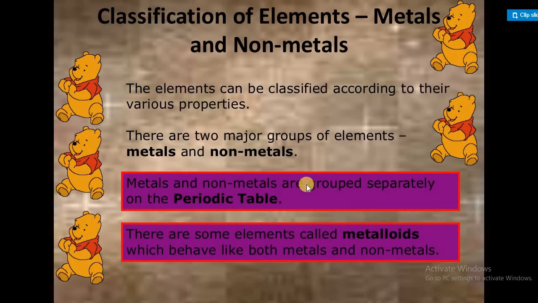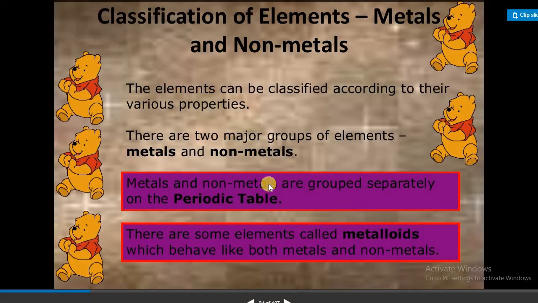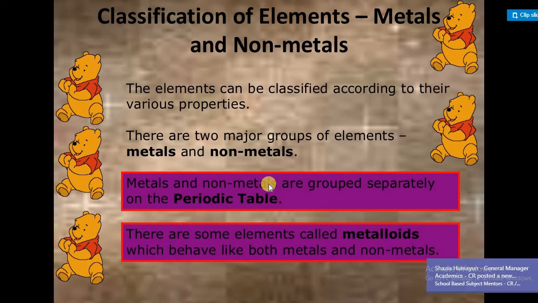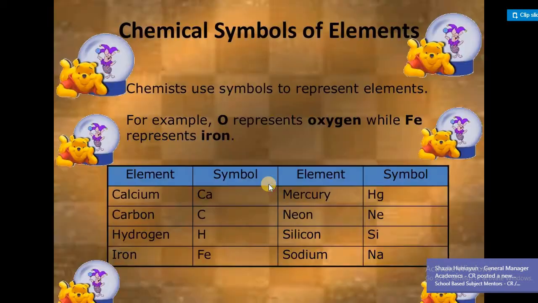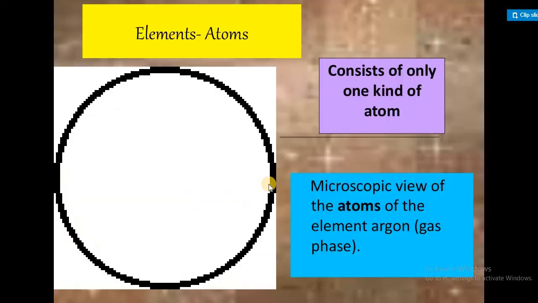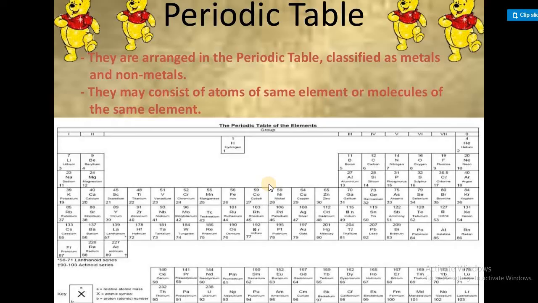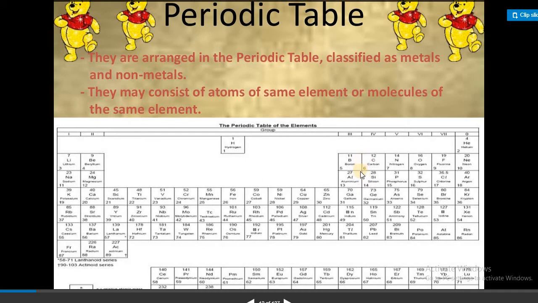And this is the classification of elements into metals and non-metals. We have already discussed that in the periodic table, on the right hand side non-metals and on the left hand side metals are present. And they are separated by a staircase. If I go back to the periodic table, I can show you where the staircase is. Usually here is the staircase. Here like this, it comes down, like a staircase.